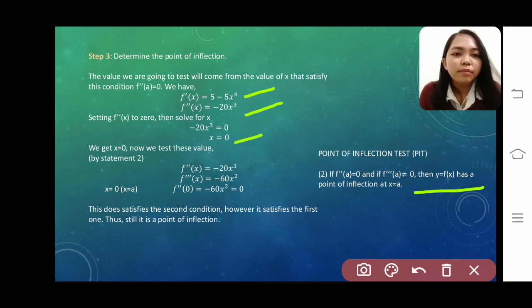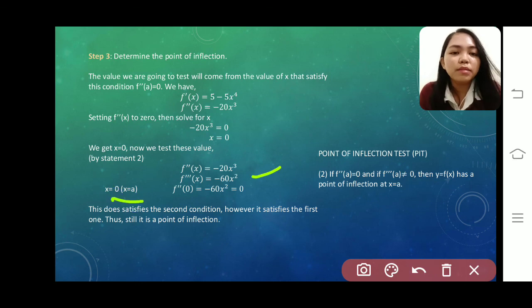So, dito, pinakita ko lang ulit yung pagkuha ng critical value, which is yung f double prime of a is equal to 0. So, nakuha natin yung value na x equals 0. So, para ma-test yun, kukunin natin yung third derivative. So, we have the second derivative, negative 20x cubed. So, our third derivative of the function will be equal to negative 60x squared.